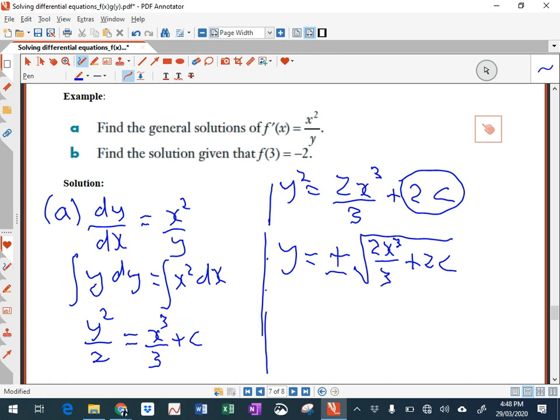Okay, so that's your solution. That's the general solution. Now, why is it a general solution? Well, it's because there's a c there, there's a constant.